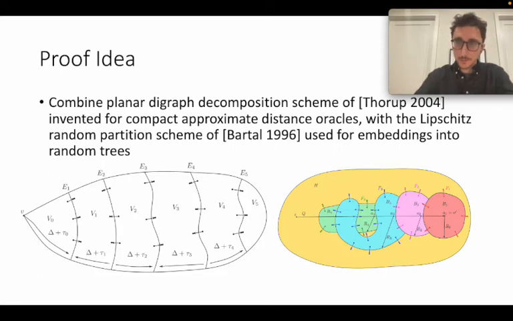Now, let me say a few words about how these two key components are combined. So first, Thorup's result, roughly speaking, can be thought of as consisting of two main steps. So the first step partitions the graph into slices of bounded thickness. So what do I mean by this? On the figure on the left, we choose an arbitrary root.